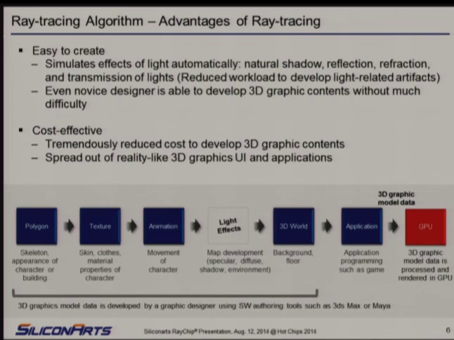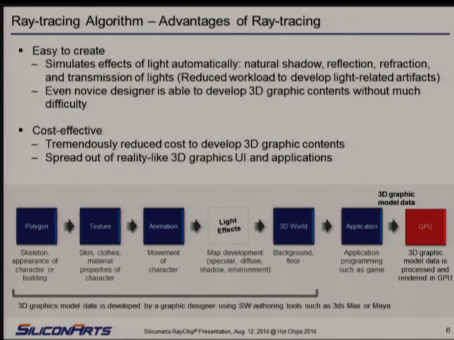From the content creation point of view, ray tracing provides an easy-to-create environment for developers. This figure shows the content development process of ray tracing algorithm. Ray tracing automatically simulates the effect of lights, but rasterization requires various kinds of maps, such as environment map, shadow map, reflection map, to overcome the lack of reality in 3D contents.